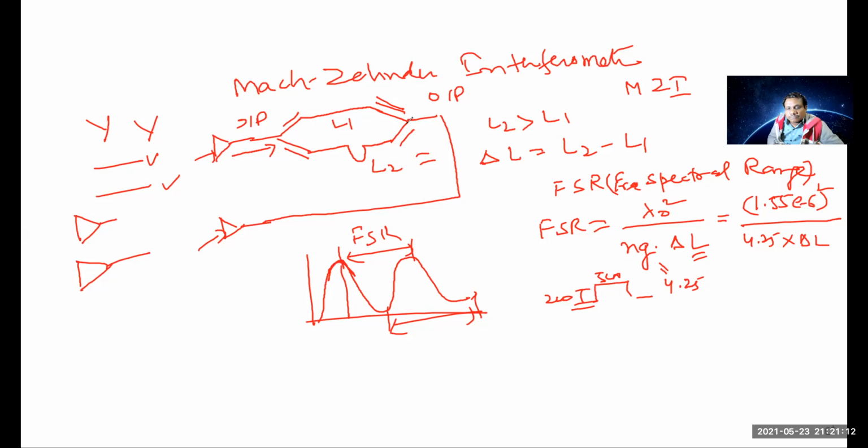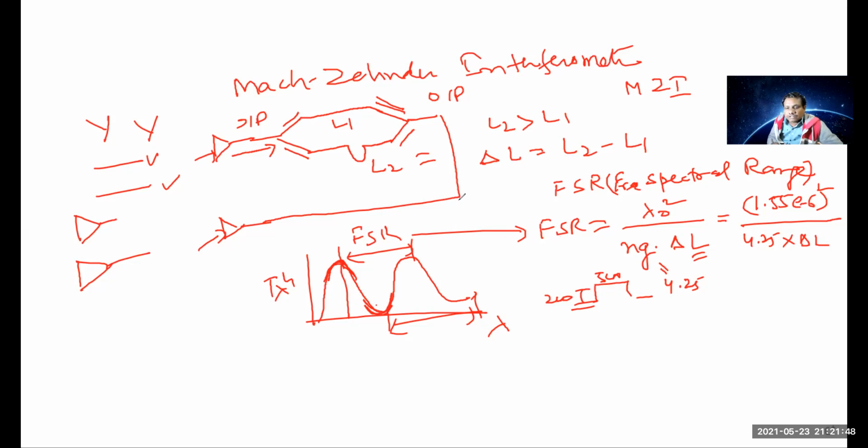If the two lights from these two arms meet out of phase, then destructive interference takes place and no light will be available. So at a particular wavelength, constructive interference will be there, and at another wavelength you will get destructive interference. The difference between two consecutive constructive or destructive interferences is called FSR. This is one of the features which we will try to calculate through our simulation.